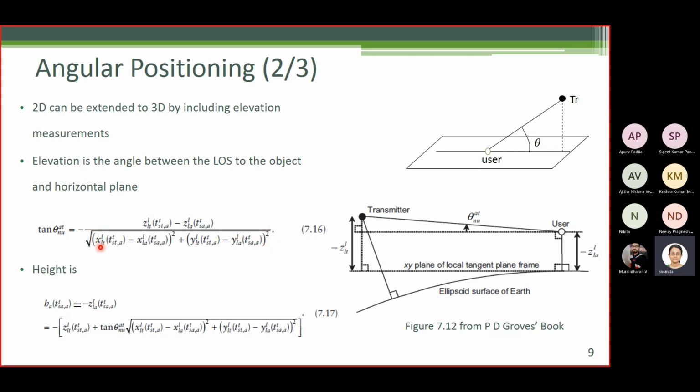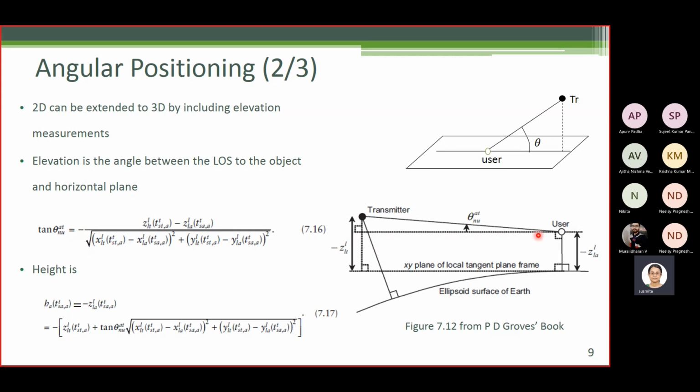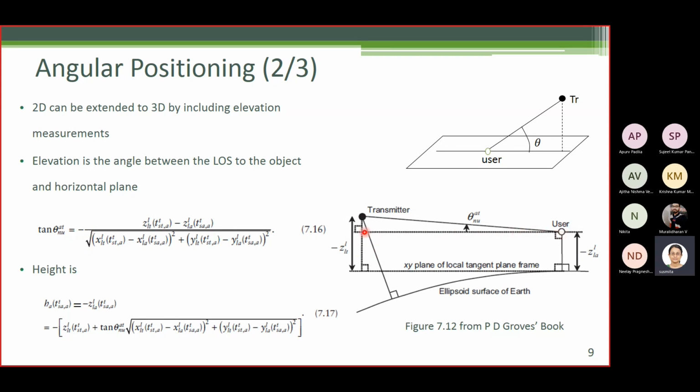So this is the transmitter, this is user. We take the X coordinate difference square and similarly Y coordinate difference square and then sum them up. The square root of the whole thing will give you the horizontal distance between the user and the transmitter. And this distance is basically the Z coordinate of the transmitter minus the Z coordinate of the user, right?